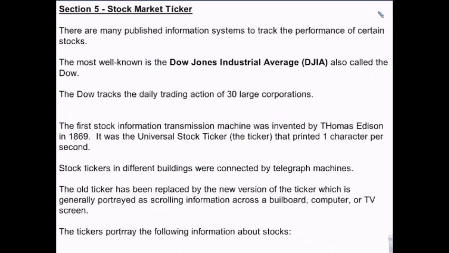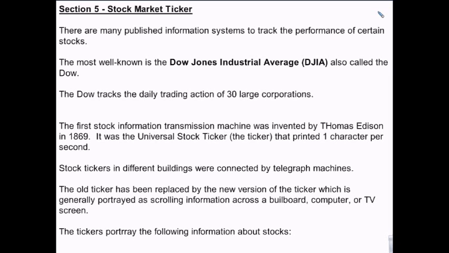So, most well-known: Dow Jones. You guys have heard of the Dow, like on the news, the Dow closed at such and such. The Dow tracks 30 large corporations. It's not by any means the entire stock market, because there are lots of corporations on the planet.